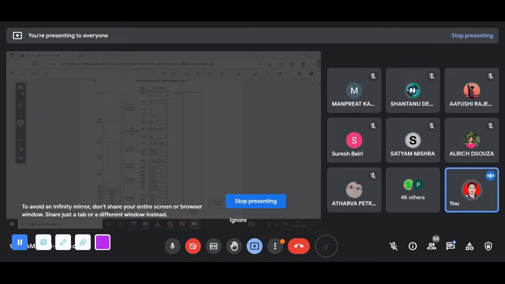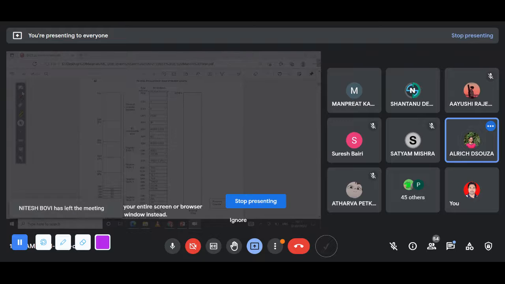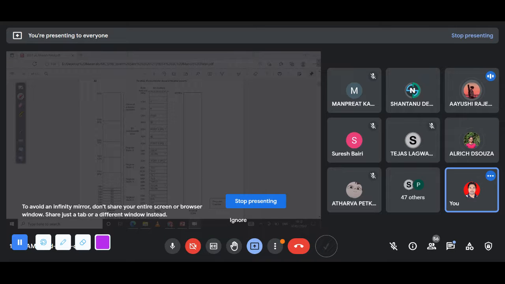So 8 zeros, and then 7FH. How do you write it down in binary? 7 is 0 1 1 1, and F is 1 1 1 1.